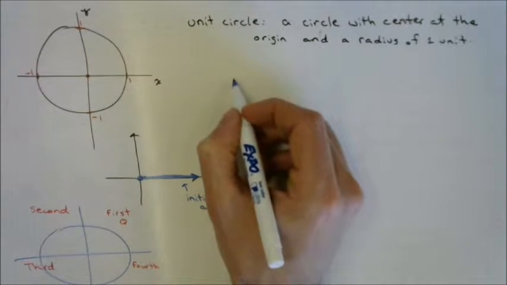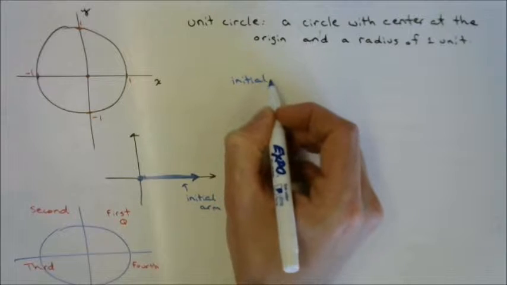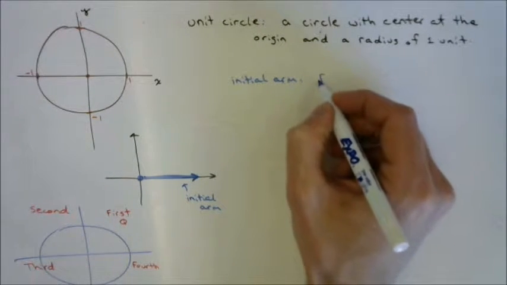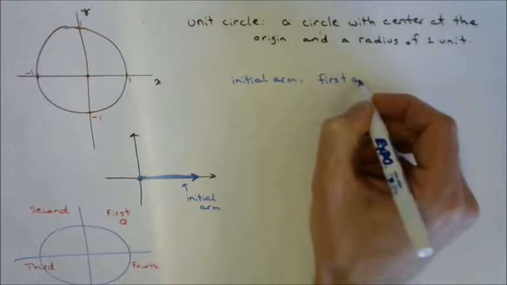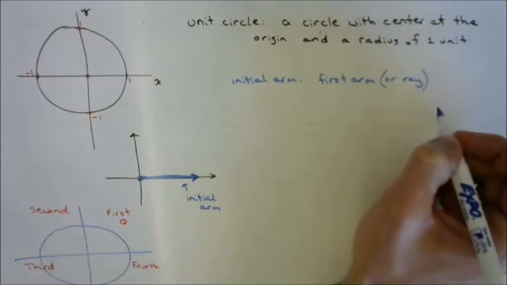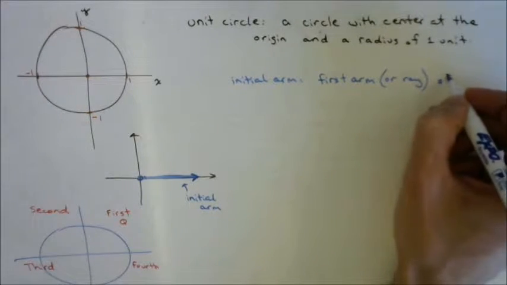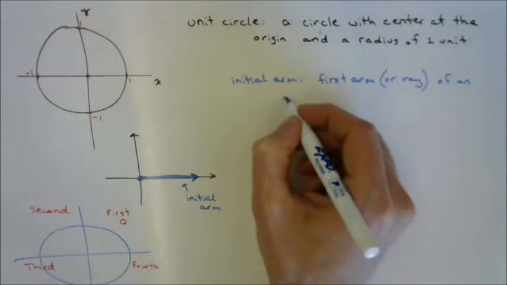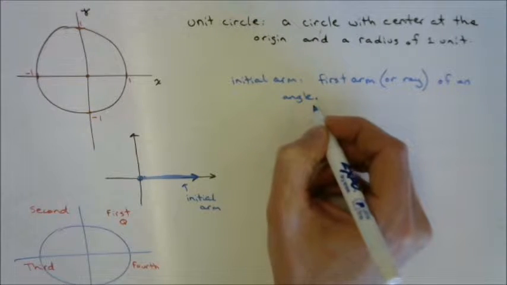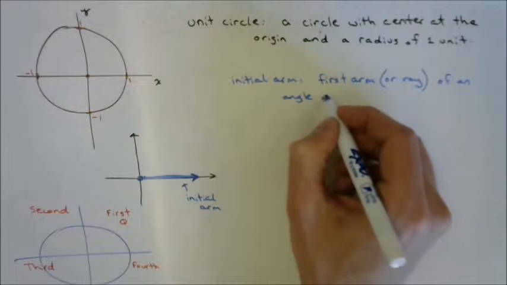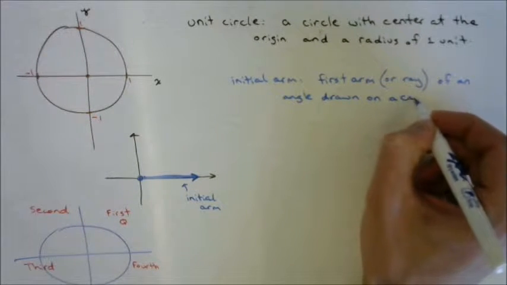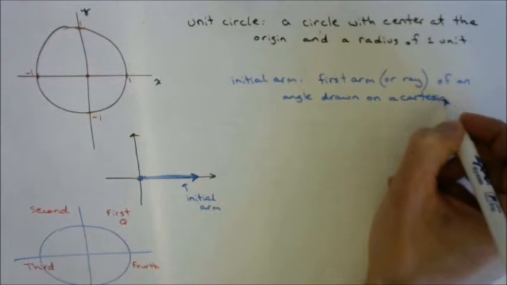We can take a little note on that. The initial arm is the first arm or ray of an angle drawn on a Cartesian plane.